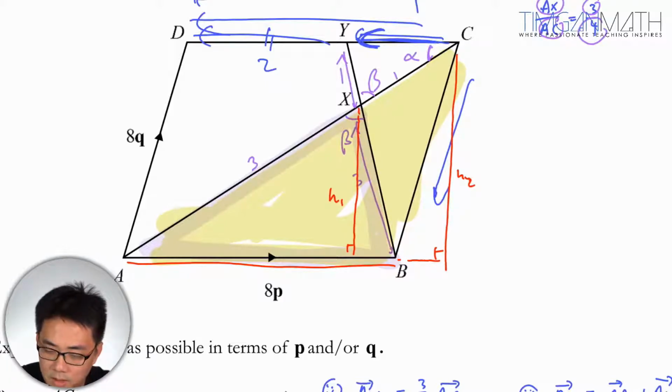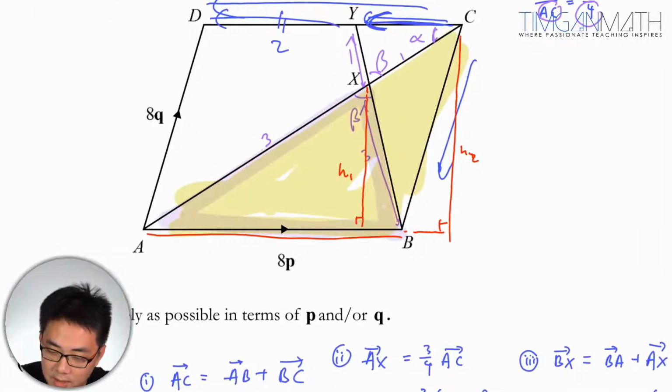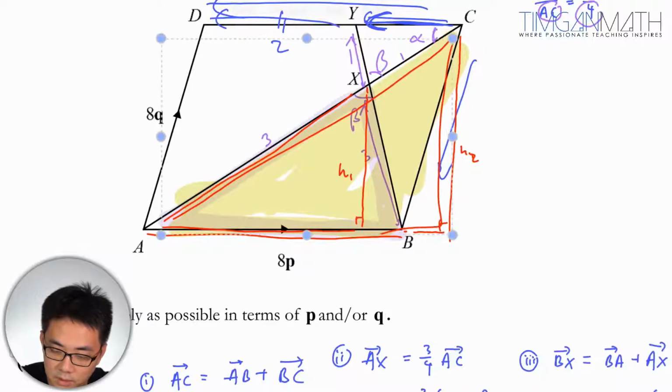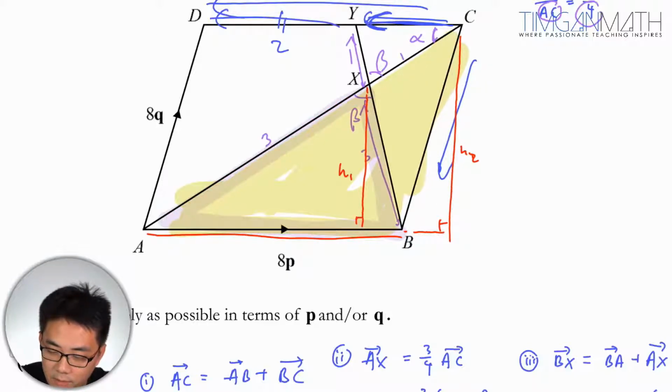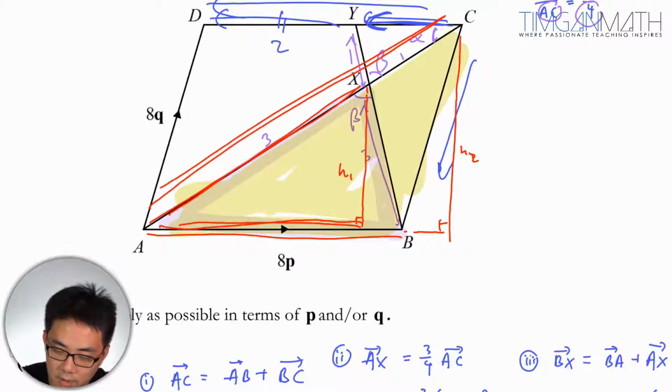Now, just take note that this in itself is also a similar triangle, right? So you see this triangle here. These two are similar triangles, where this would be 3 and this would be 4 units. Okay, this is 4 units.